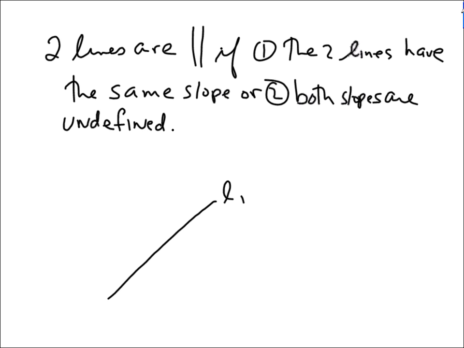Now, if line 2 happens to be right on top of it, then line 2 has the same slope. They're the same line. One line has one slope. So we know that the slope of line 1 is equal to the slope of line 2.